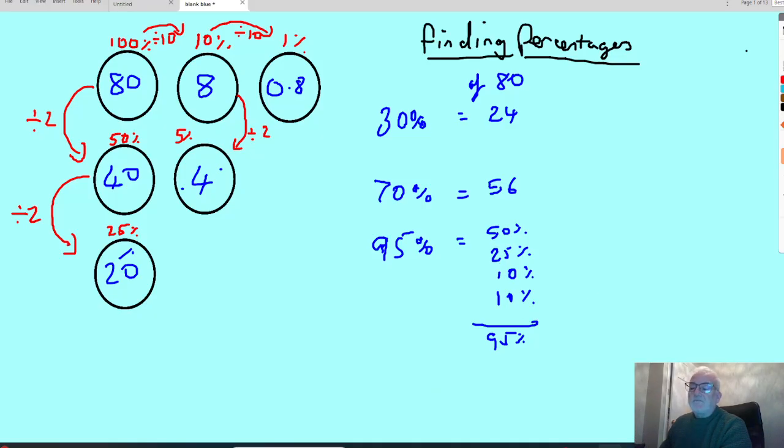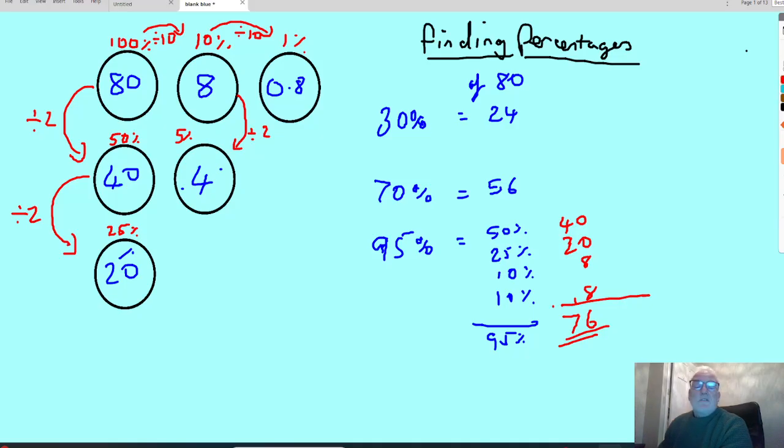Okay. So 50% is 40, 25% is 20, 10% is 8, 10% is 8, and then just add it through. 16, 40, 50, 60, 70, 76 would be 95% of 80.